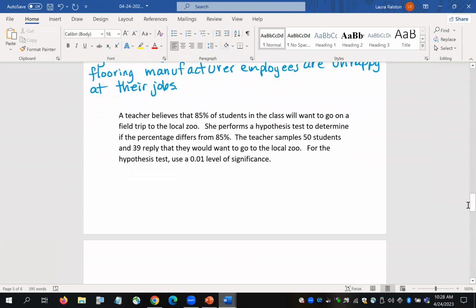A teacher believes that 85% of students in a class will want to go on a field trip to the local zoo.